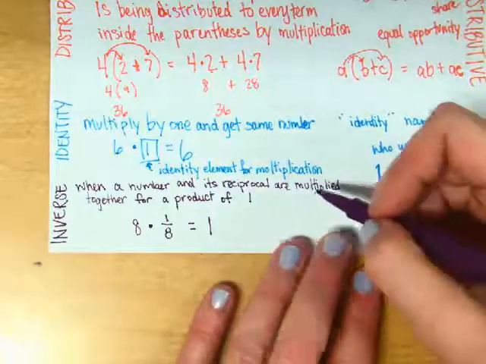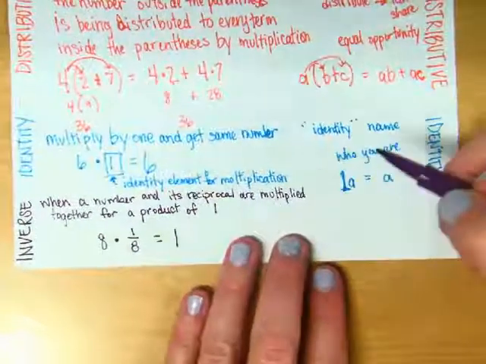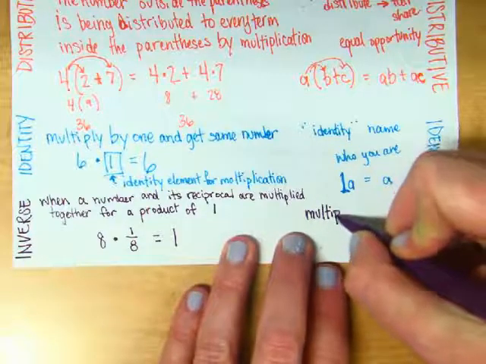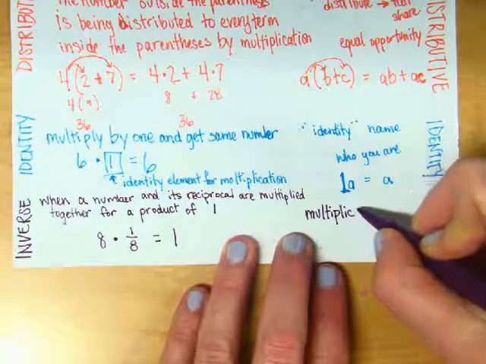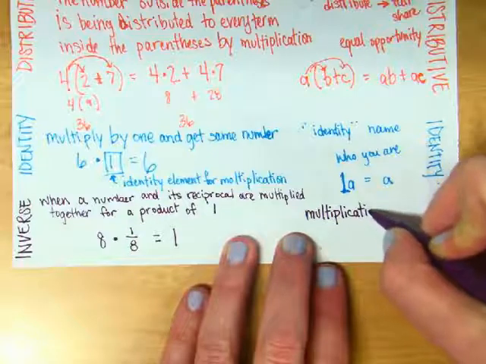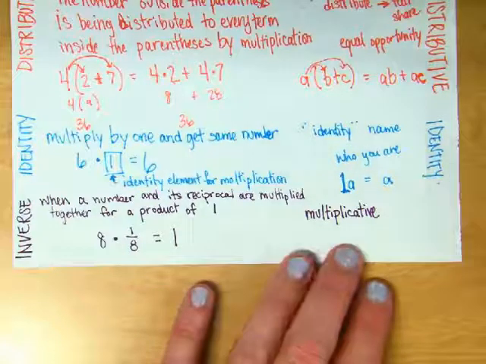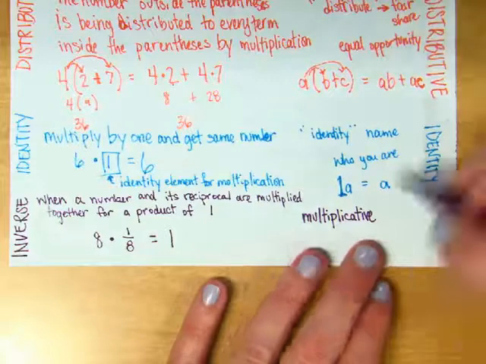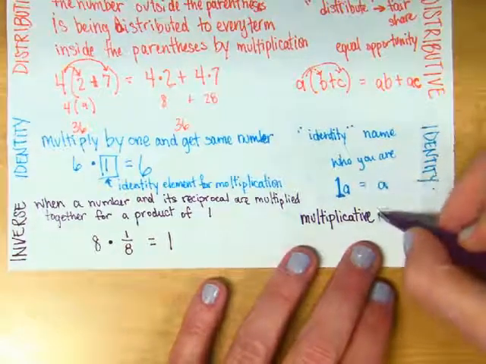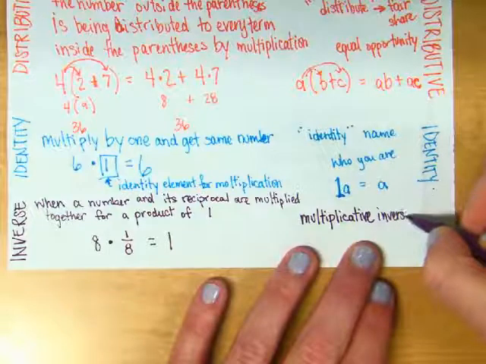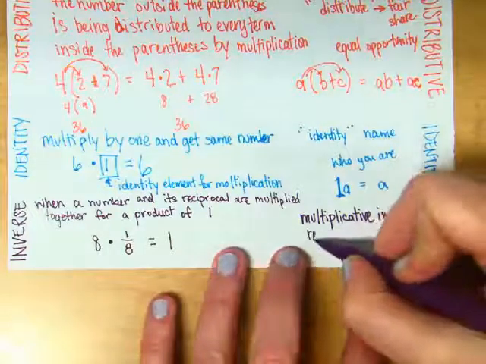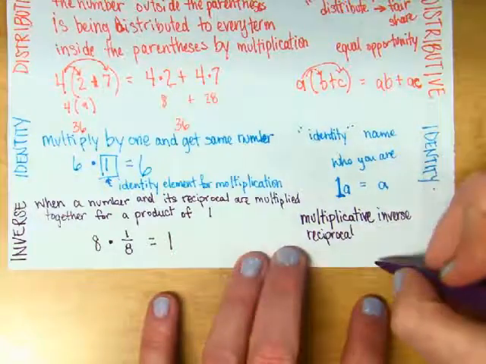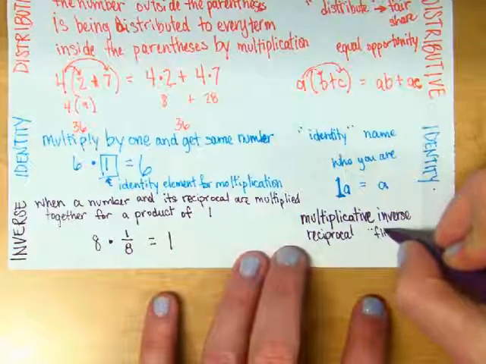This is also called the multiplicative, it's a big word, multiplicative inverse, or its reciprocal, or perhaps in elementary school you called it the flip.